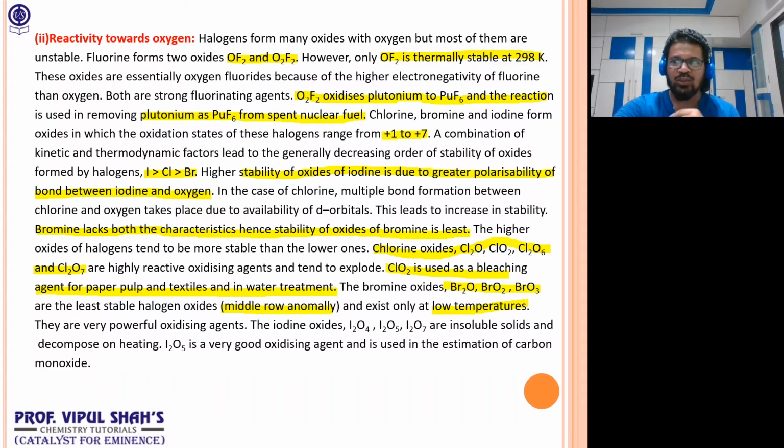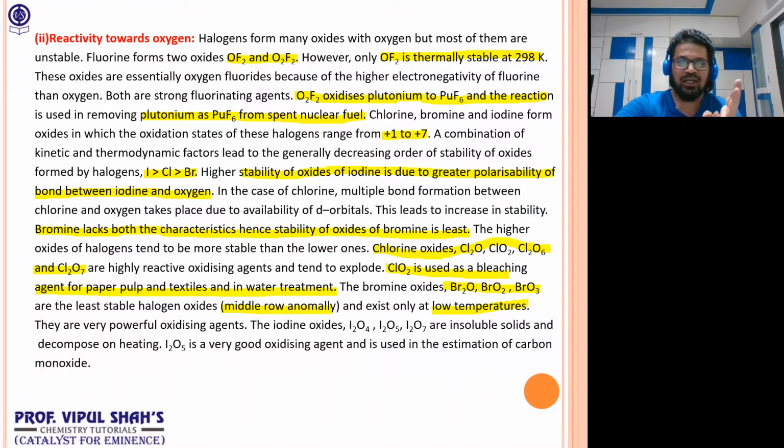So the transition of electrons, the movement of electrons between these two nodes, will not be much, because it's a small gap. If the transition is less, it does not show +5 and +7 oxidation states, it shows +4 and +6. This is what I call the middle row anomaly.